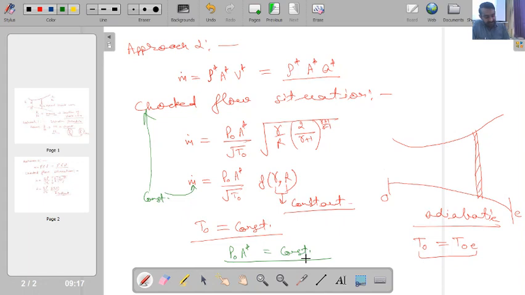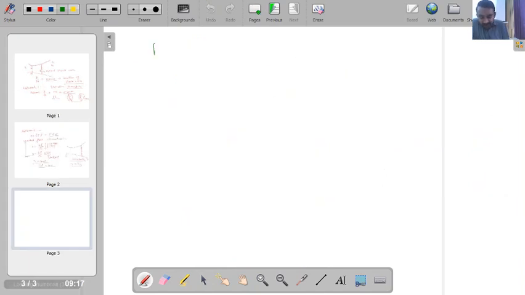Now I can say that for this type of flow, P naught into A star has to be equal to stagnation pressure at exit into area of exit. Is this one clear? Because this stagnation pressure into area is constant. So stagnation pressure at exit into area of exit has to be constant. This is one important relation, say relation number 1.